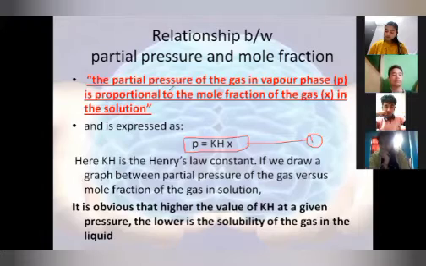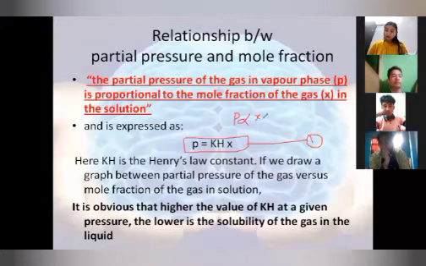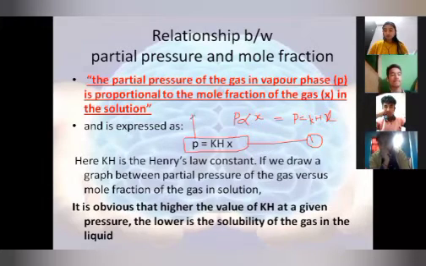You must understand that Henry's law says the pressure of a gas in vapor phase is proportional to the mole fraction of the gas. That is, P is directly proportional to X. The proportionality becomes equality when we write the constant KH, which means that as one increases, the other also increases.